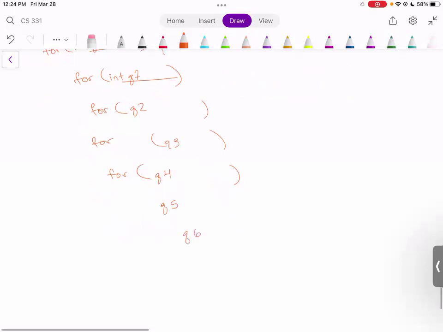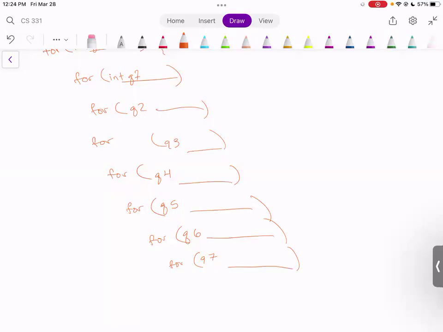This is brute force. It's truly awful, but it's 8 for loops, and then the rest of the initializations, conditions, and increments happen at the end.